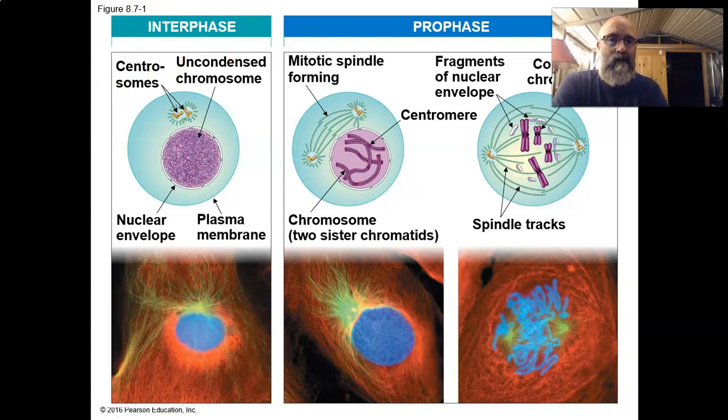If it's a nerve cell, it conducts nerve impulses. If it's a muscle cell, it contracts. If it is a kidney cell, it filters. If it is a skin cell, it is a barrier and keeps things out. If it's a small intestine cell, then it may be producing lactase, it may be absorbing products of digestion. Whatever the cell does, it does that job during interphase. And most of the time, again, the cell's in interphase.